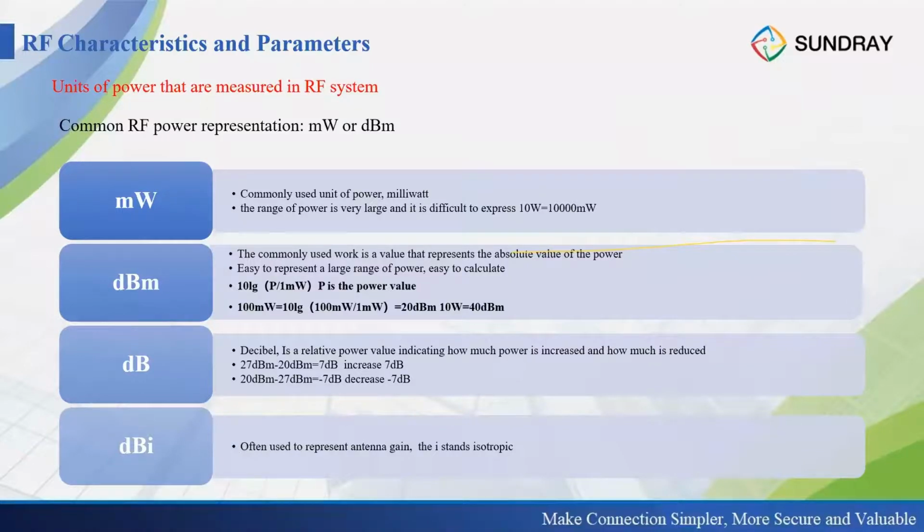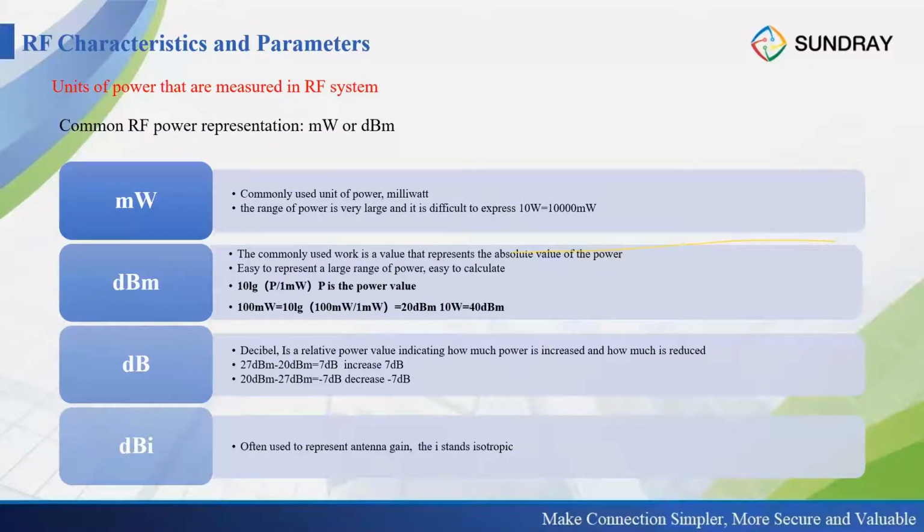And also we use dBm. So here maybe you are confused why we use dBm. Because when the power becomes very big, for example 10,000 or 100,000 milliwatts, you need to write a one and multiple zeros.